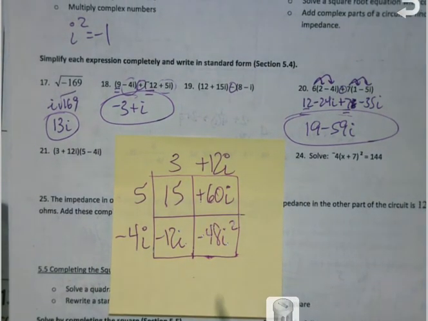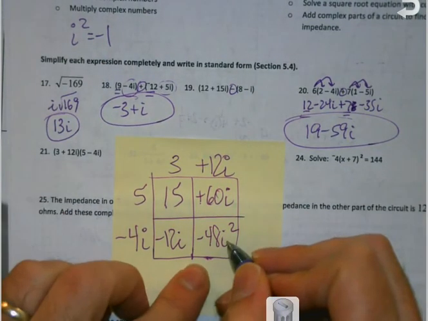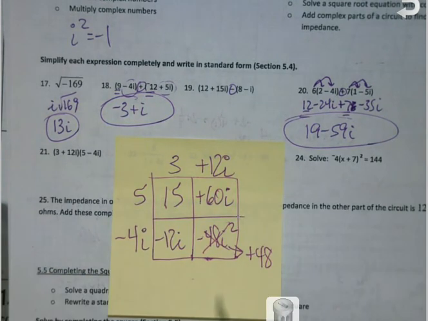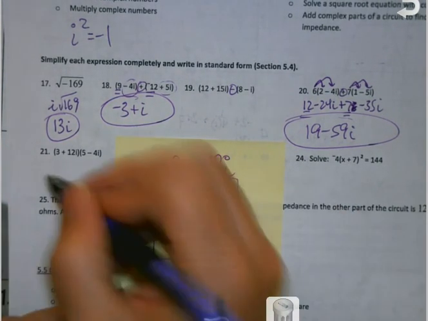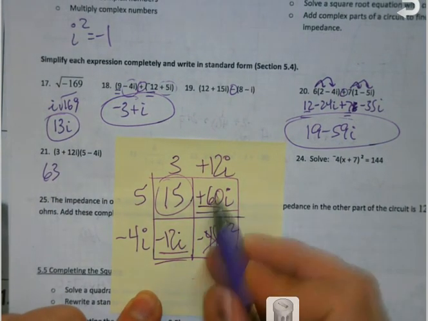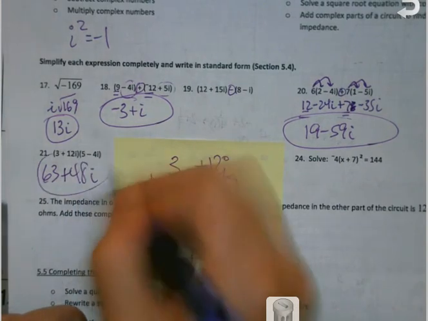But again, like we mentioned here, we know what I squared equals. It's -1. So -1 times -48 is really positive 48. So when I go to put things together that are alike, don't multiply those, we're just combining like terms. Okay, I'm done.